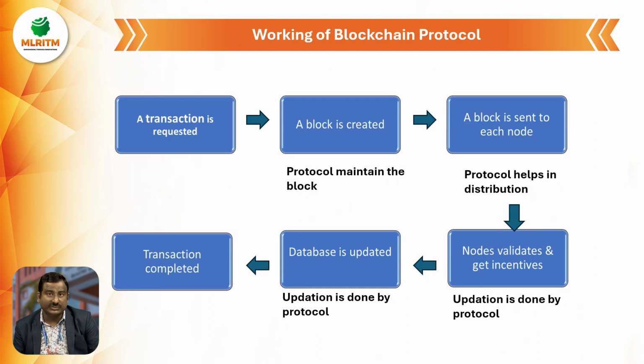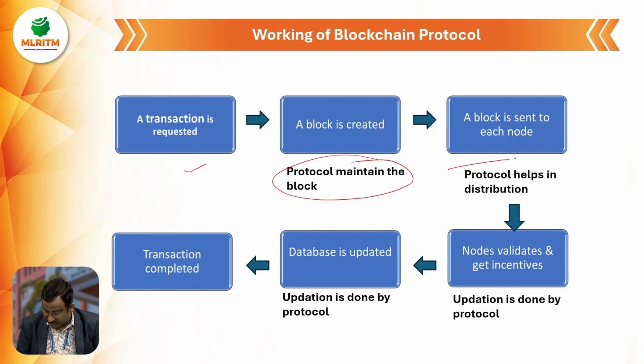Working of a blockchain protocol: first of all, a transaction is requested and a block is created. The protocol maintains the block, and then the block is sent to each node, with the protocol helping distribution.